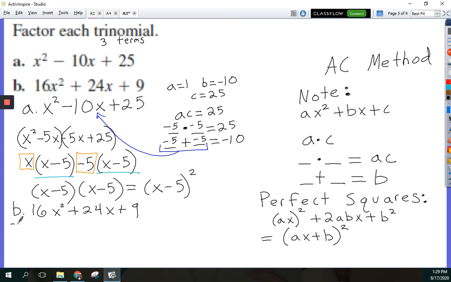So notice that our 16x squared could be rewritten as 4x squared, and our 9 can be rewritten as 3 squared.